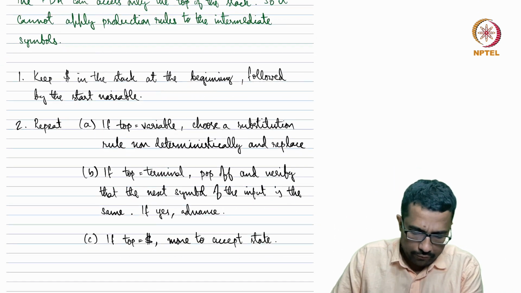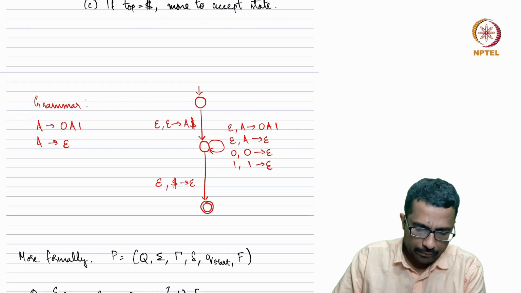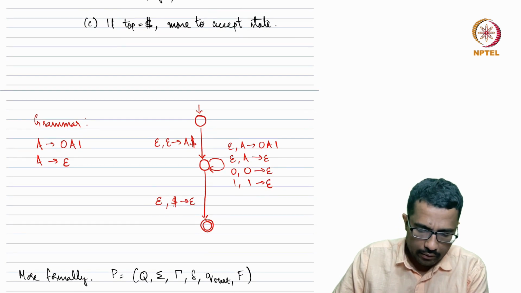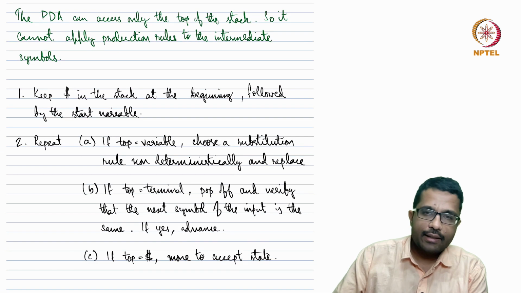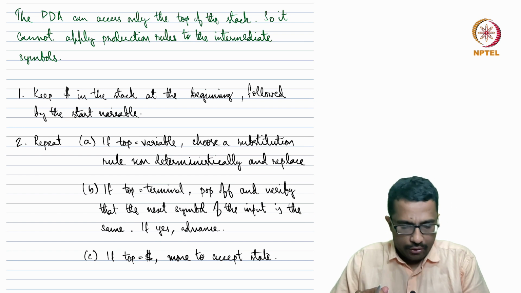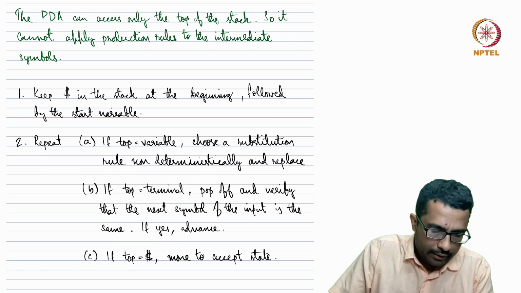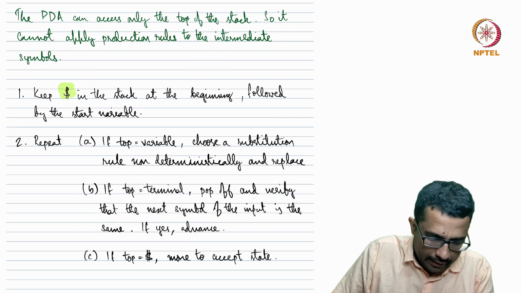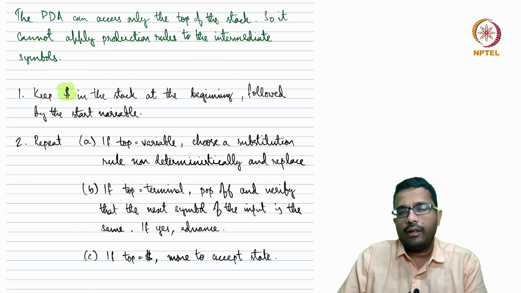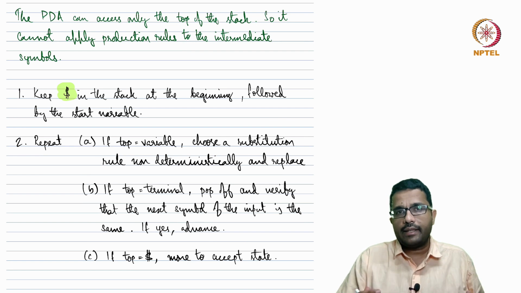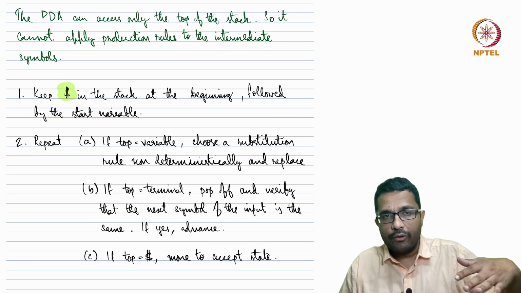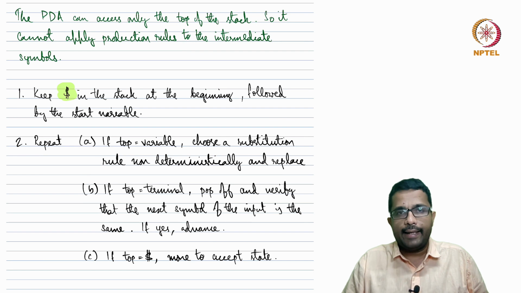So maybe let's just see one example. Or perhaps we'll first describe it and then see the example. So what we do is the following. Initially we keep a $ symbol in the stack. This is like before, when we want to determine whether we have come to the end of the computation.